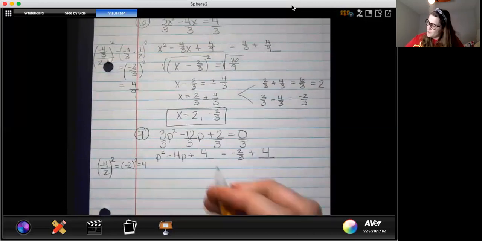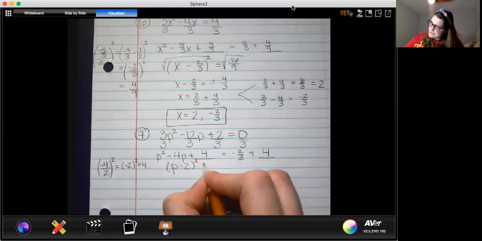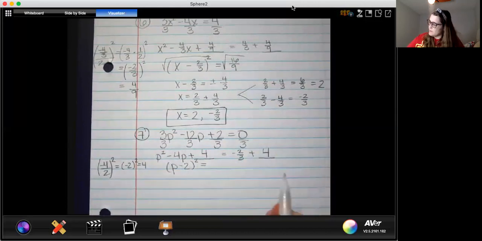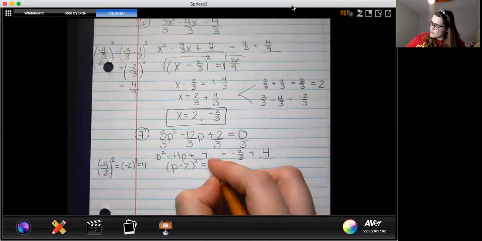Well, so this is going to factor to p minus 2 quantity squared equals, okay, well, we do need to combine like terms here. So 4 with the denominator of 3, the value would have to be 12/3, okay? Because 12/3 is 4. So 12/3 minus 2/3 is going to be 10/3.